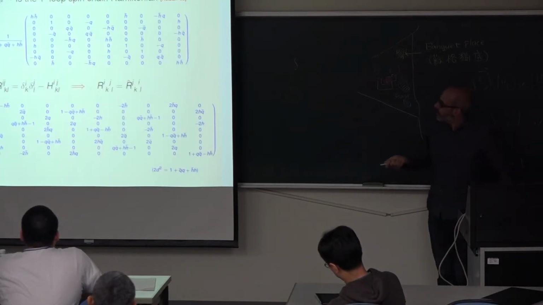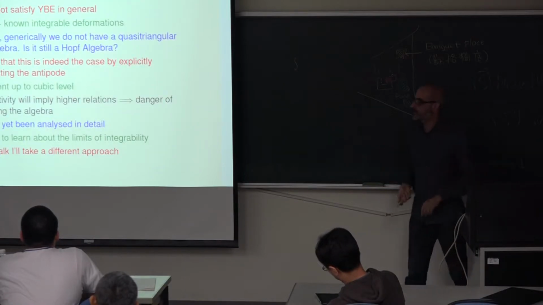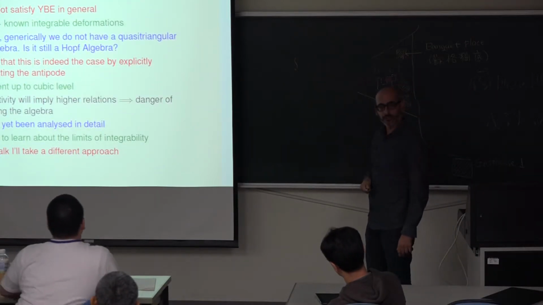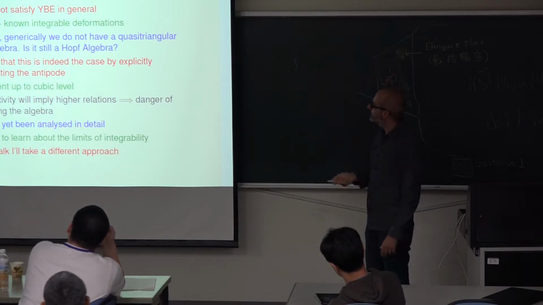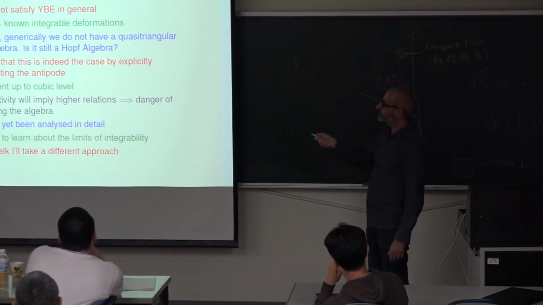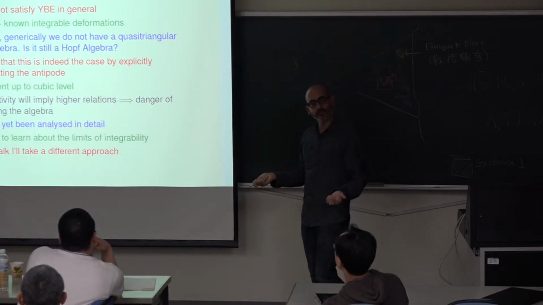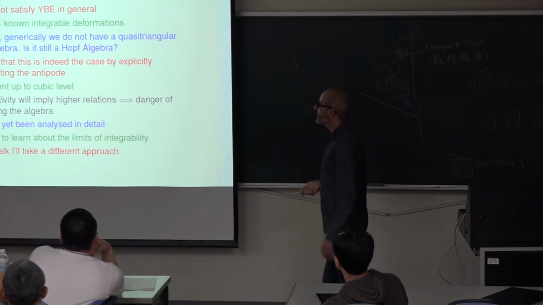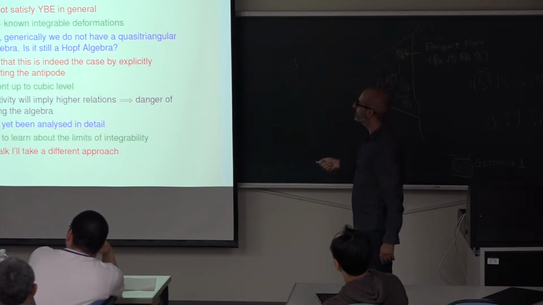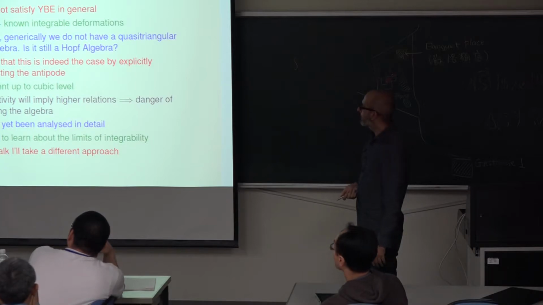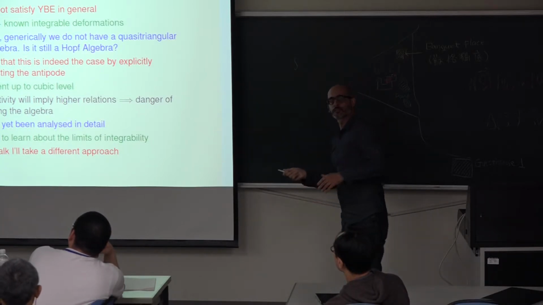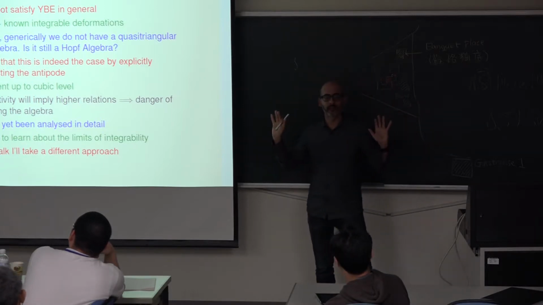So now the point about this is this R matrix does not satisfy the Yang-Baxter equation, this quantum Yang-Baxter equation. If it does, then we recover the known integrable deformations of N equals 4, in particular the beta deformation. But there are some other unitary equivalent ones. Generically, we do not have a quasi-triangular Hopf algebra, but is it still a Hopf algebra? Because then the RTT relations do not guarantee that.